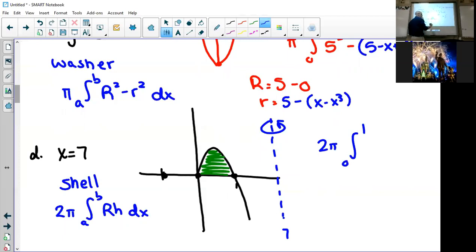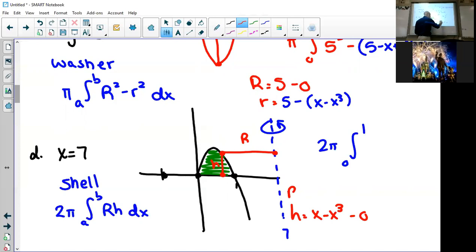We need to find our r and our h. So we start on the axis, go over until we hit that function, and then down through our shading. So we have our r, we have our h. The nice thing about shell, if you're using the same picture, is that h isn't going to change at all. You've got x minus x cubed minus 0, top minus bottom. Right minus left.